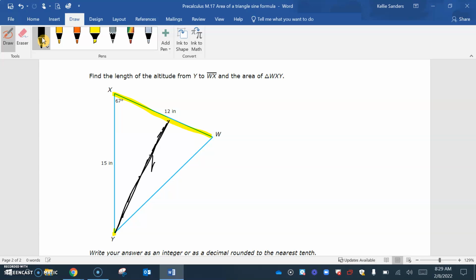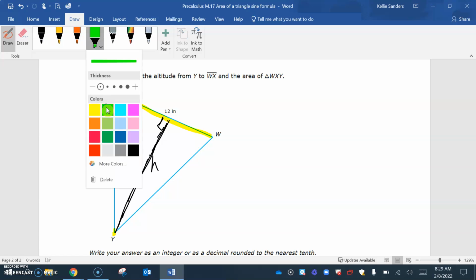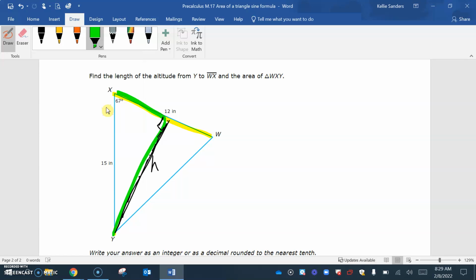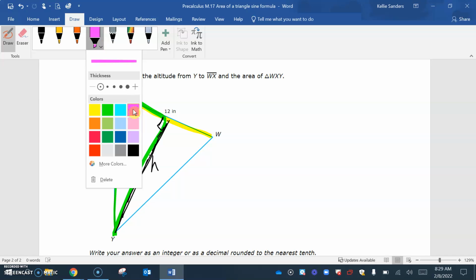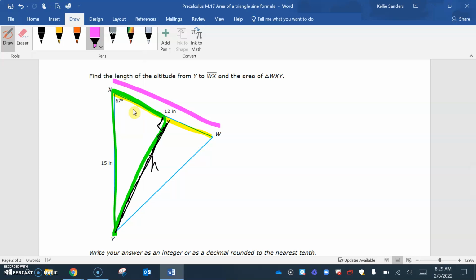Okay, and we're going to call that H for height. An altitude makes a right angle, so I just made a right triangle, which is this right here. Now remember, 12 is this whole length, not this length right here.